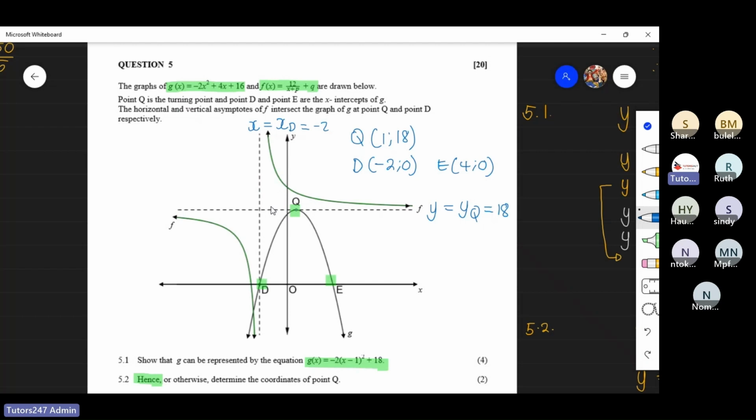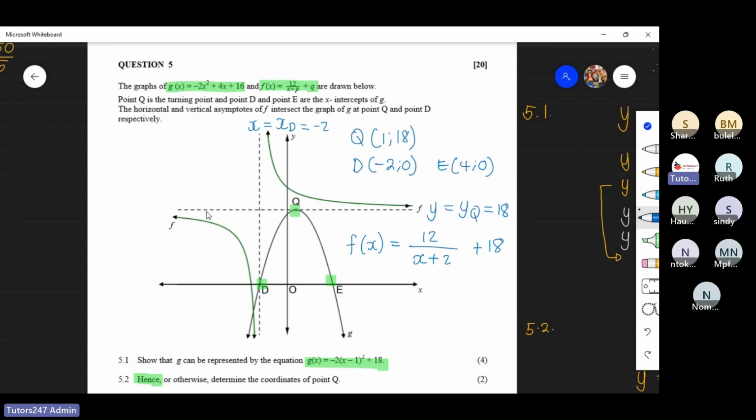Because the vertical asymptote is your value of p and the horizontal asymptote is your value of q. So if we want to complete our function, f of x would be equal to 12 over x plus 2, plus 18.